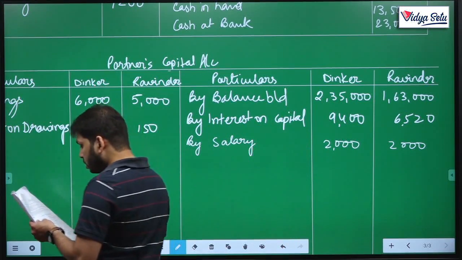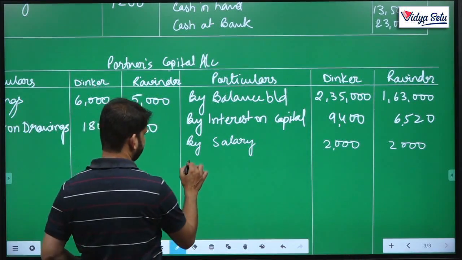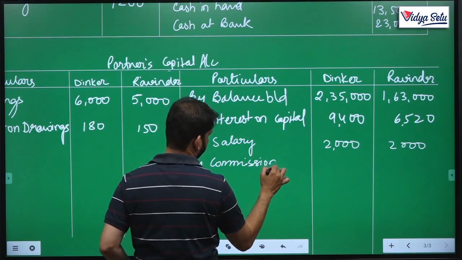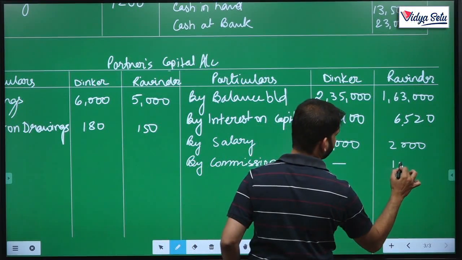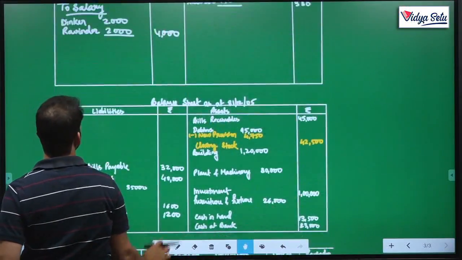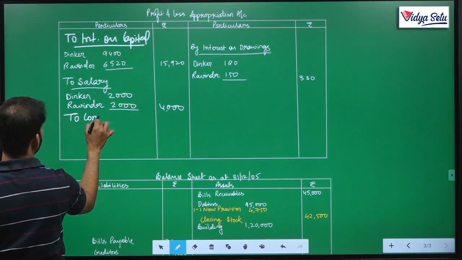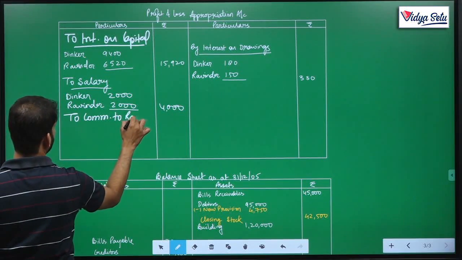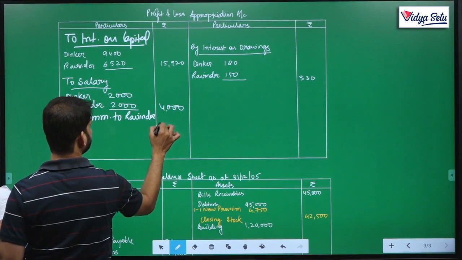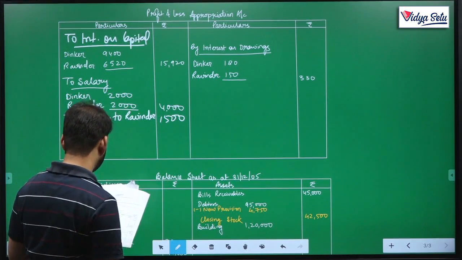And this is 2000 per annum. Then Ravinder is entitled to a commission of 1500, also in P&L appropriation account. Of 1500, just two more.